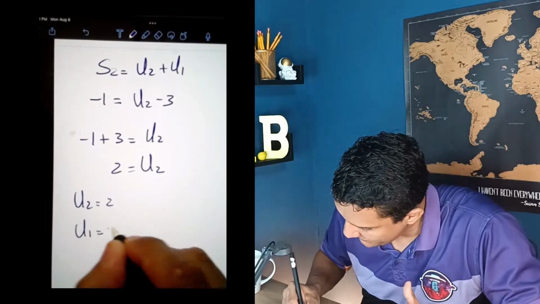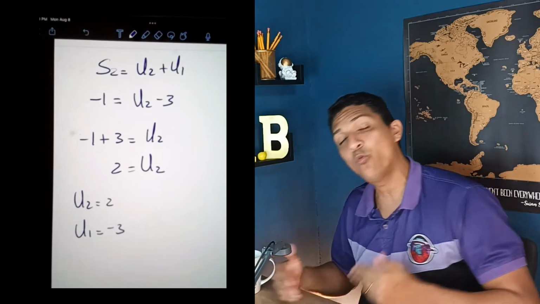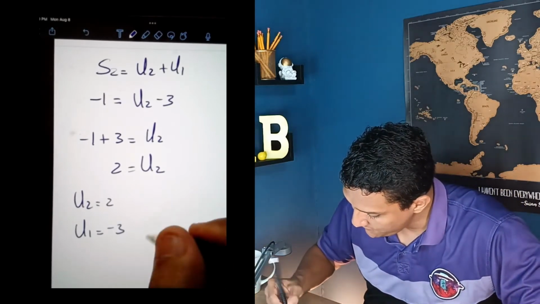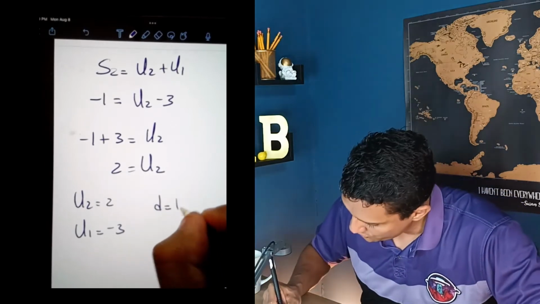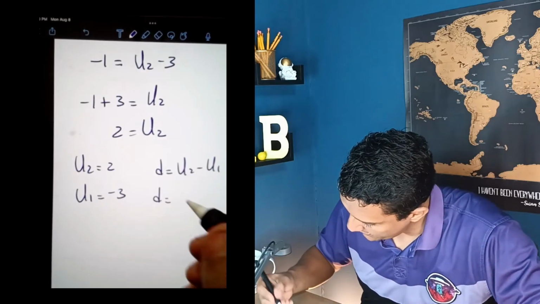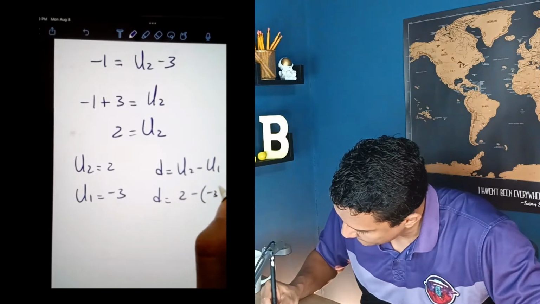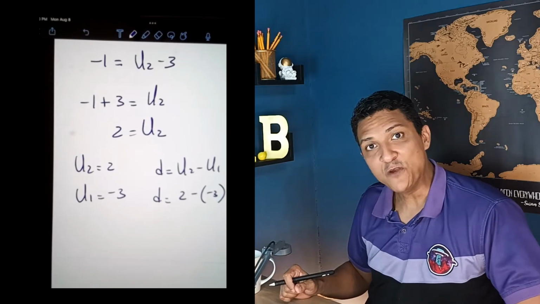U1 is negative 3. But remember that the question is, what is the common difference? To find the common difference, I need to subtract U2 minus U1. So U2 is 2 minus negative 3. Be careful here. This is basic arithmetic.